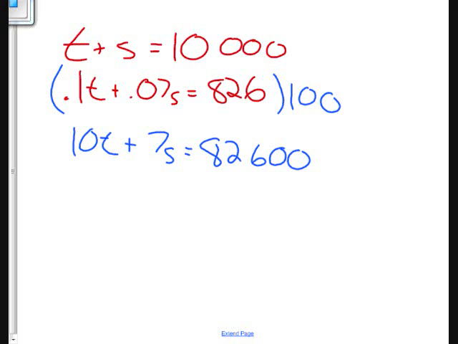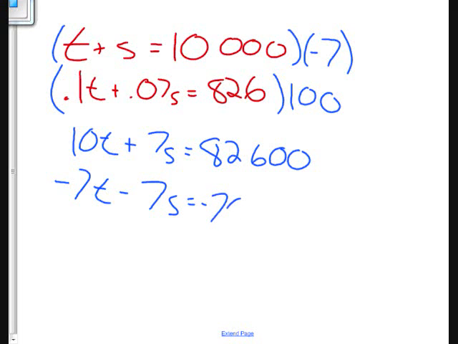Now, how do you want to solve this? How do you want to solve this, John? So elimination. So we're going to times everything here times negative 7. And we'll get negative 7T subtract 7S equals negative 70,000.